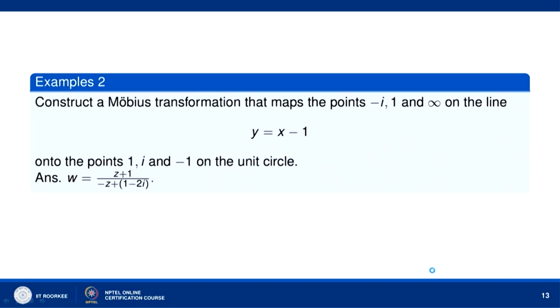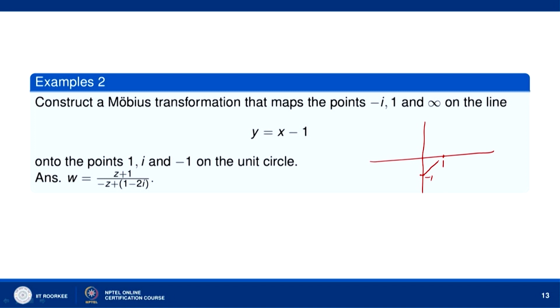Okay, let us take one more question. Construct a Mobius transformation that maps the points minus i, 1 and infinity on the line y equal to x minus 1. You can draw the line y equal to x minus 1. When x is 1, y is 0, and when x is 0, it is minus 1.